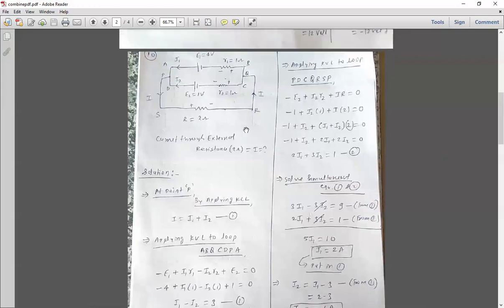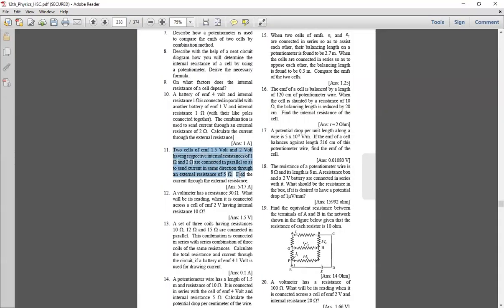In a similar way, we have a second question in the book. In problem 11, two cells of 1.5 volt and 2 volt with their internal resistances are connected in parallel so as to send current in the same direction as above.